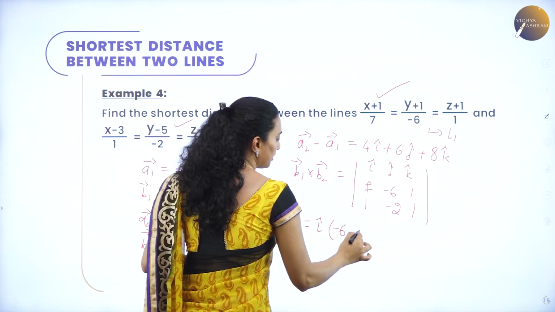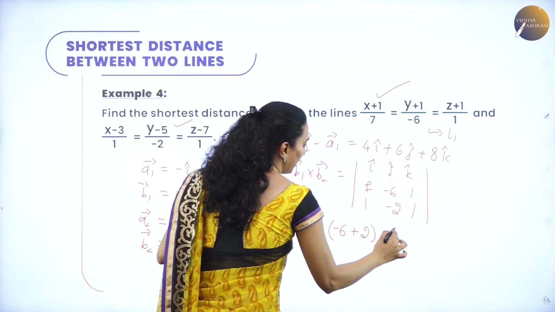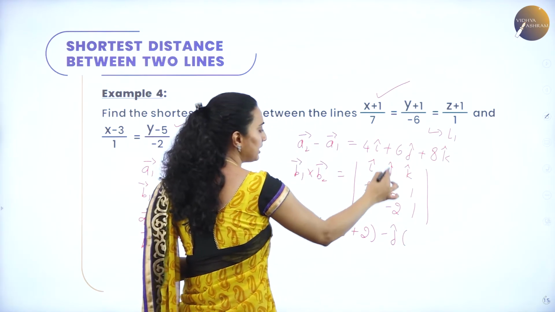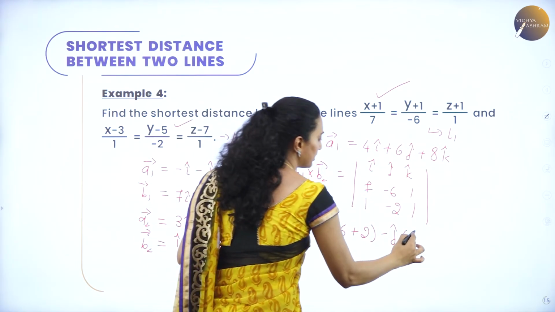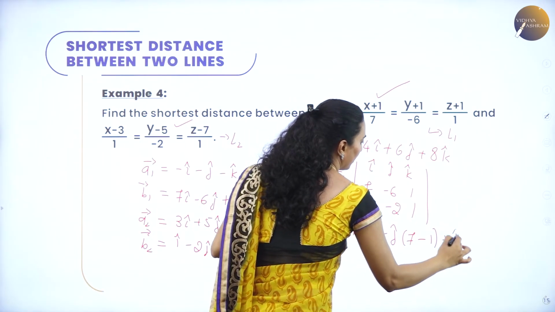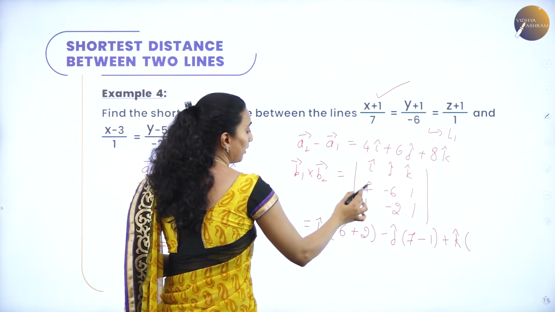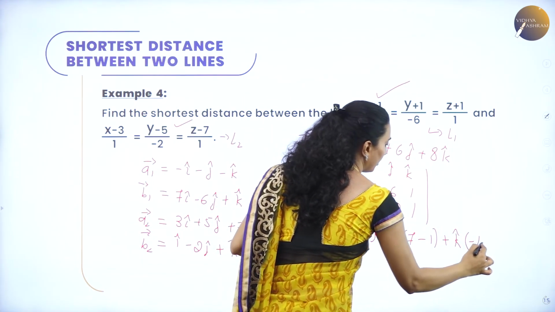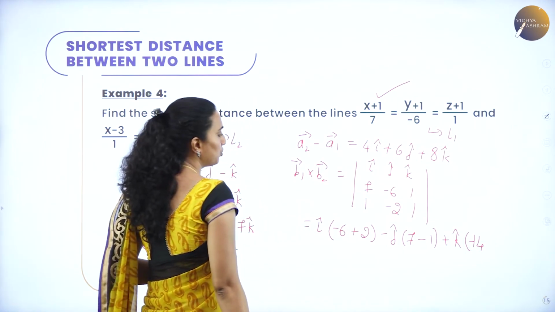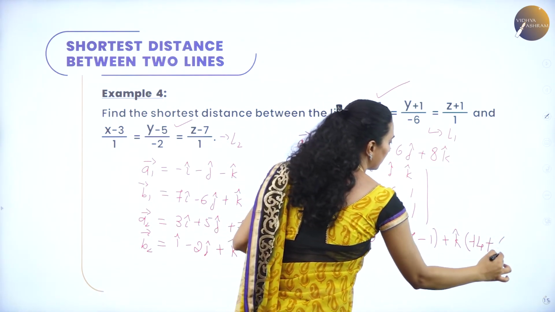Already one minus symbol is there, another minus here will become plus, 2 into 1 is 2. Minus j into, leaving the second column, first row, 7 into 1 is 7, minus 1 into 1 is 1. Plus k into, leaving the third column, first row, 7 into 2 is minus 14 because you are having minus 2 there. Minus already here, another minus will become plus, 1 into 6 is nothing but 6.